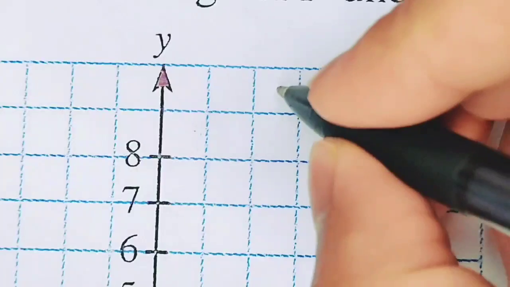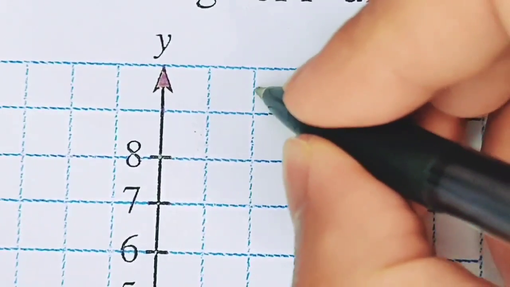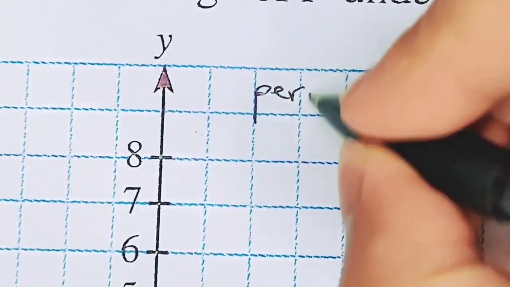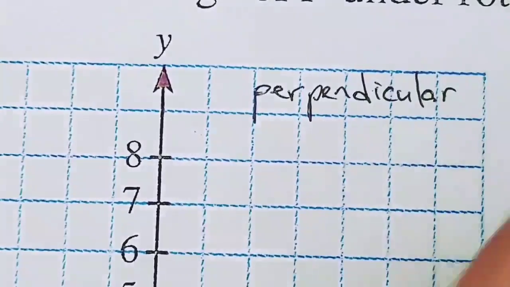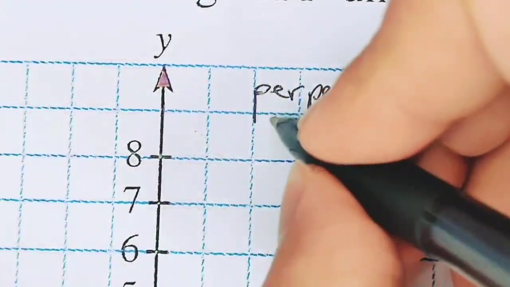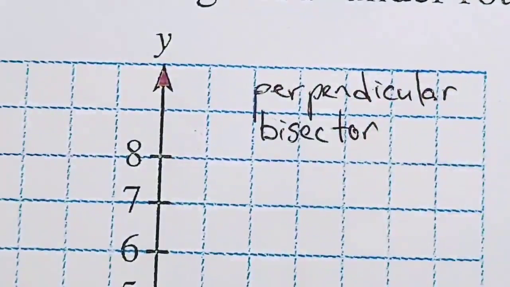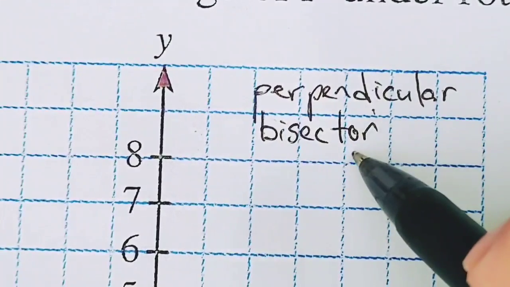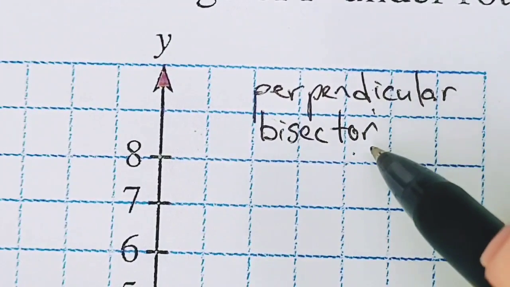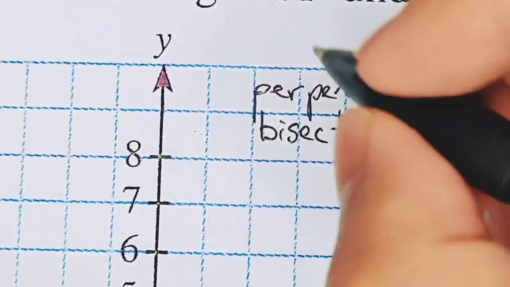The skill that we need is what we call the perpendicular bisector. Do you know what this is? Do you still remember this? What is a perpendicular bisector?